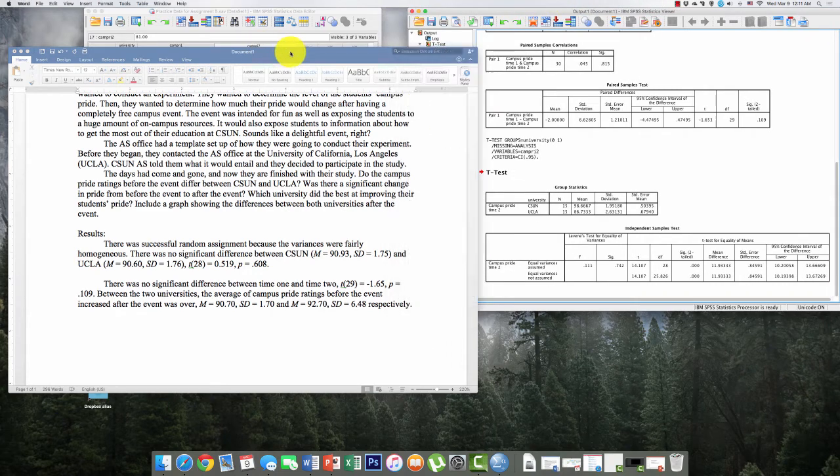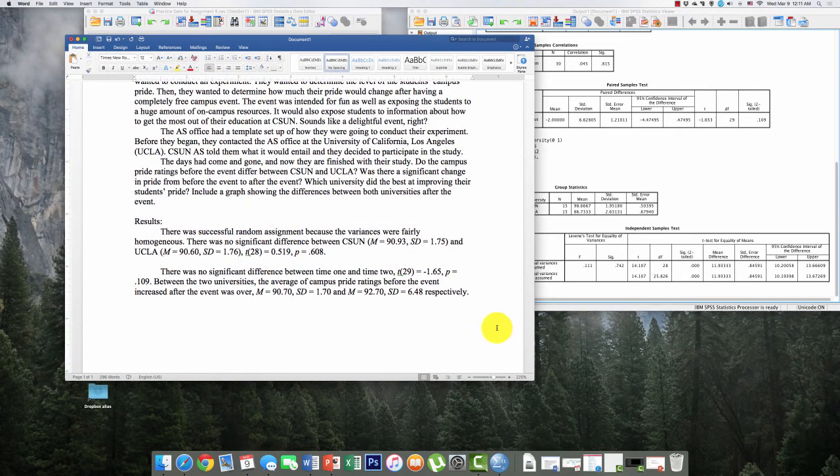Scoot this over this way. Okay. So there was a significant difference between the groups after the event.